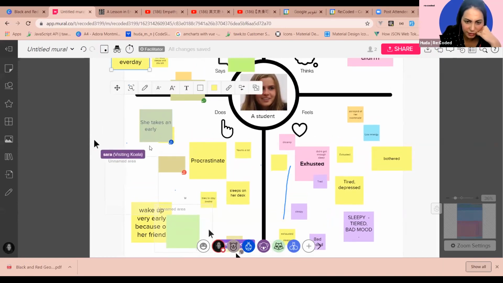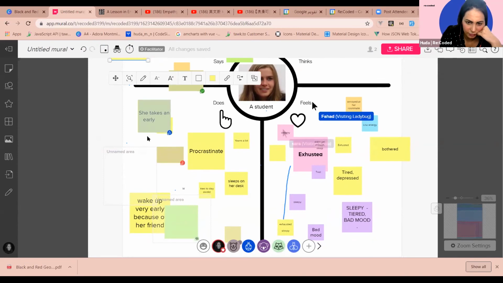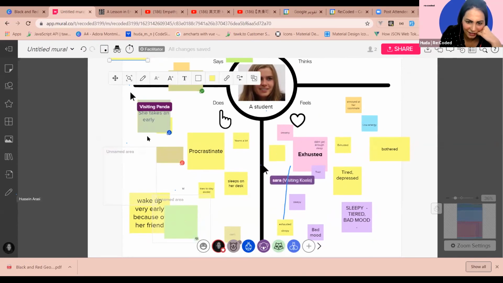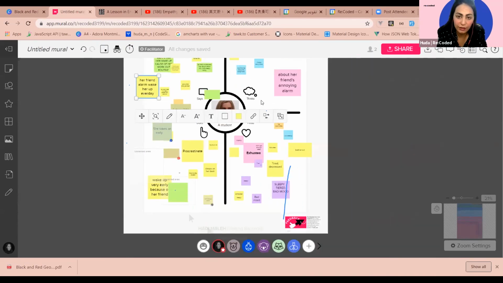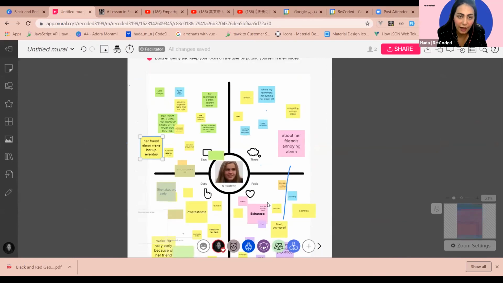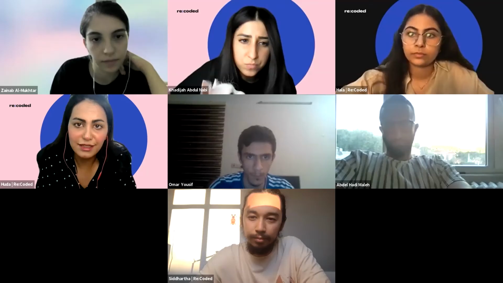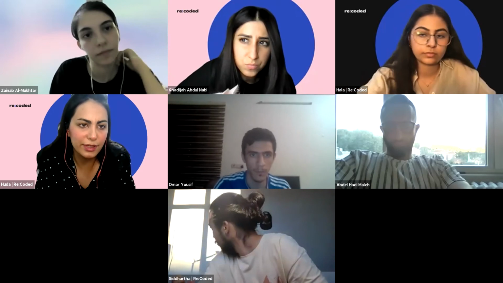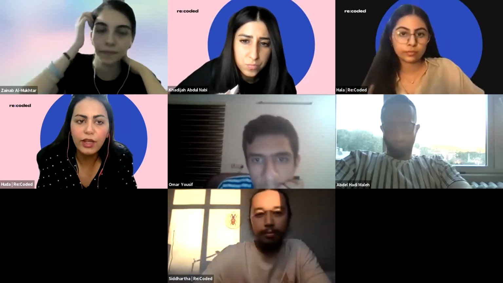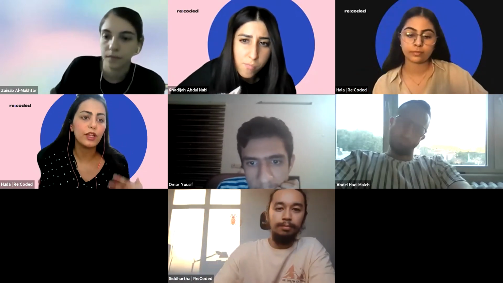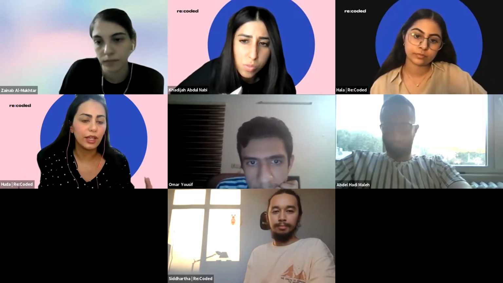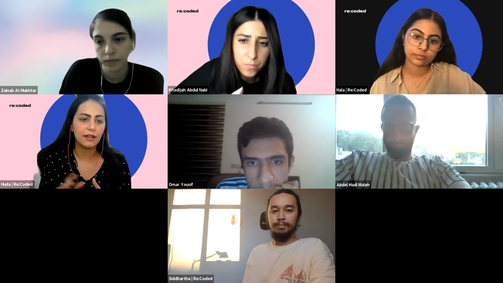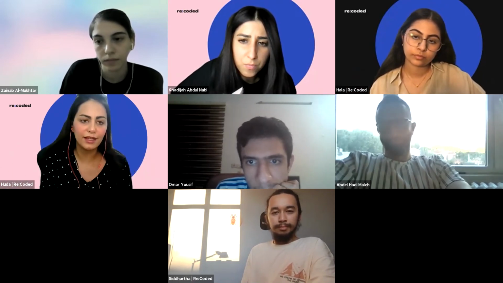Yeah, you're right. Yeah, cool. I think you all did a great job filling this empathy map. And this is basically an empathy map. It's super simple. It's basically when you have a lot of information and you need to simplify it, the only thing you can do is use this tool and just do this categorizing.